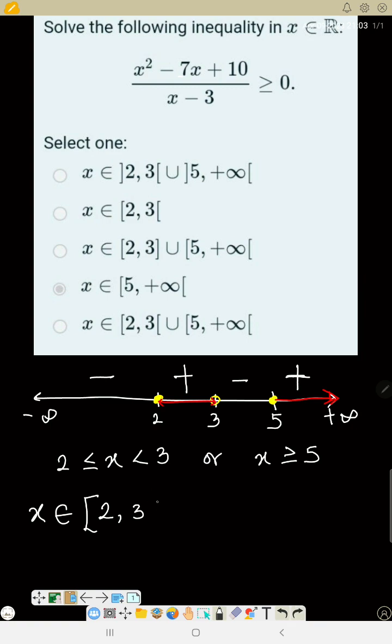In another option, you can see it this way, it means the same thing. So that will be this, meaning we exclude 3, then union this, for s greater than or equal to 5, and remember, because 5 is included, I will have 5 comma positive infinity, and infinity is always open, so it's not closed.